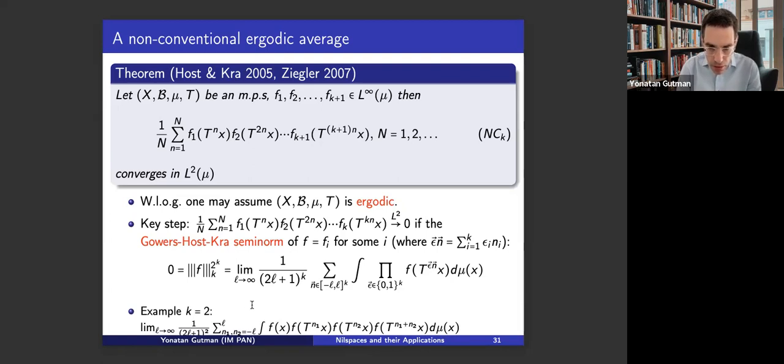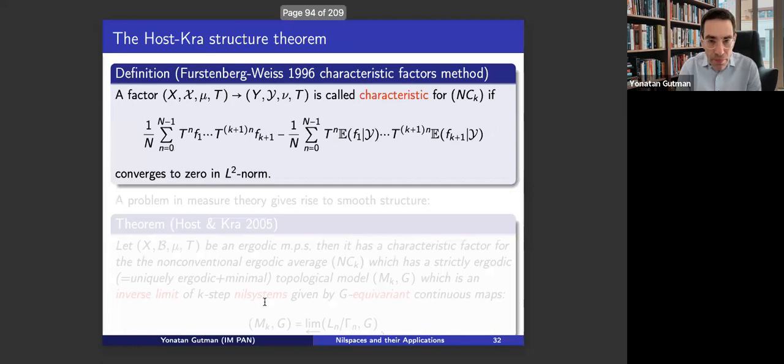Okay, and so to give some more details of how this is proven, this is proven by the so-called characteristic factors method. This was defined by Furstenberg and Weiss in '96. We say that a factor is characteristic for the non-conventional ergodic average.